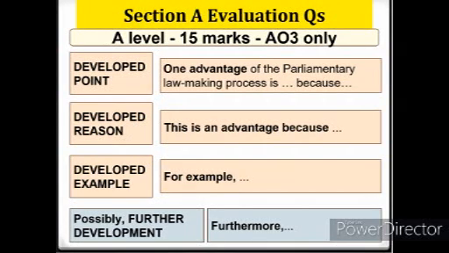And then that would be followed by a developed example. For example, and you might mention a statute or a case or another example which you would explain how it illustrates your advantage or your disadvantage. And then you could build on those 3 essential sentences by making a further developed comment using the word furthermore.